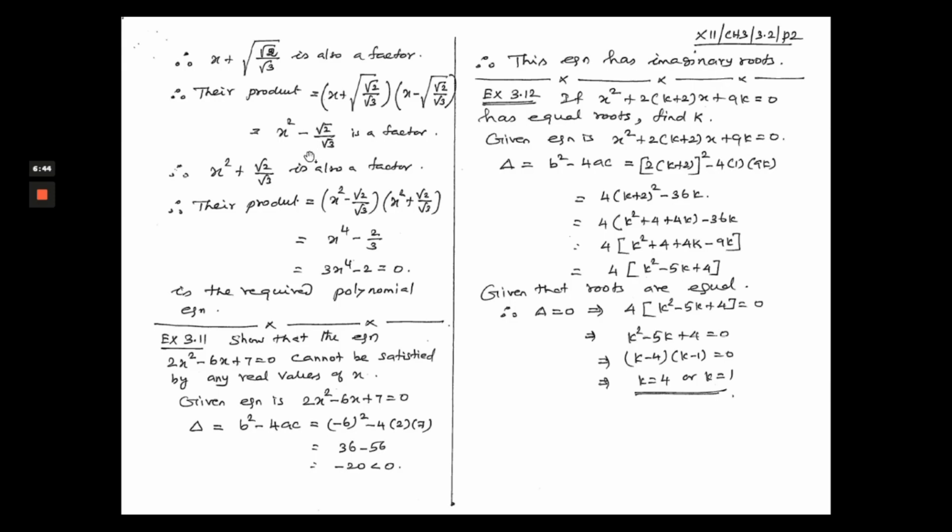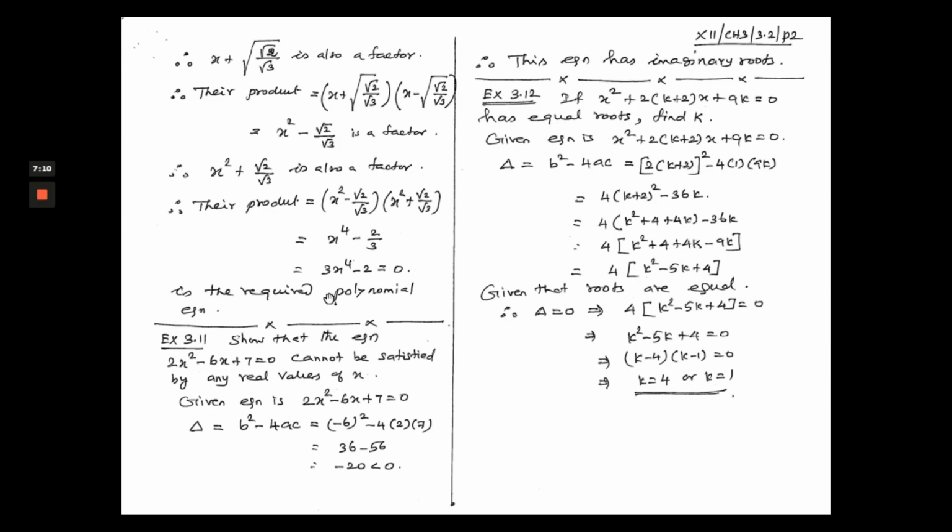Now look at the product of these: x squared minus root 2 by root 3 into x squared plus root 2 by root 3. If we multiply this, x power 4 minus root 2 by root 3 whole squared is 2 by 3. So what will it be? 3x power 4 minus 2 by 3 equal to 0.